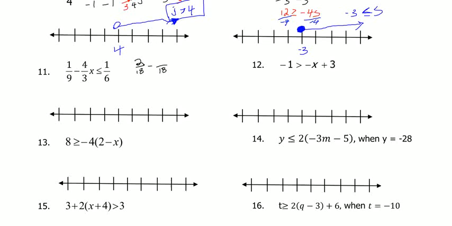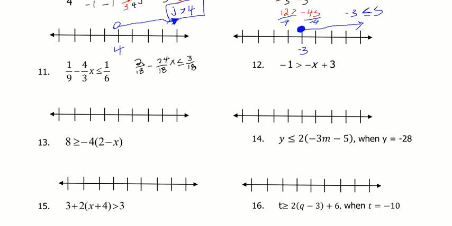4 times 6 is 24, so 24/18 of x less than or equal to, let's see, multiply by 3, that's 3/18. Okay, now we're going to subtract 2/18 from both sides, rather.